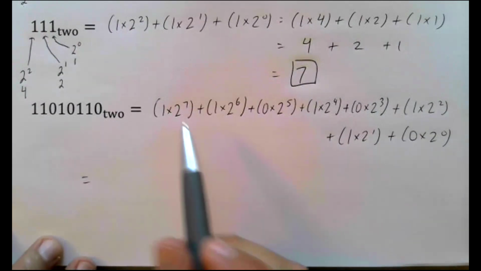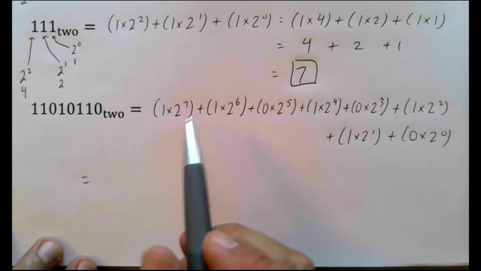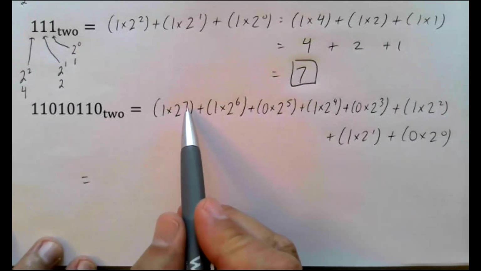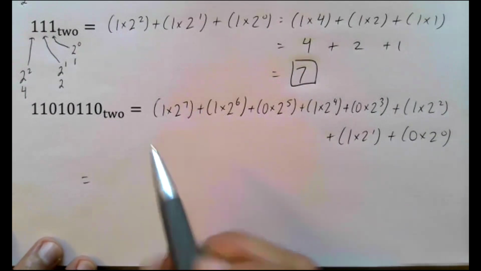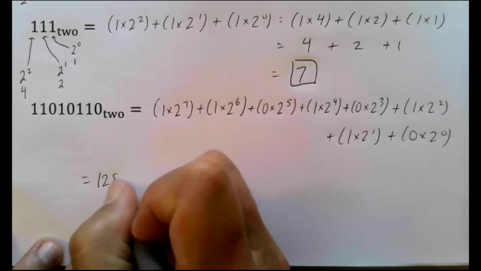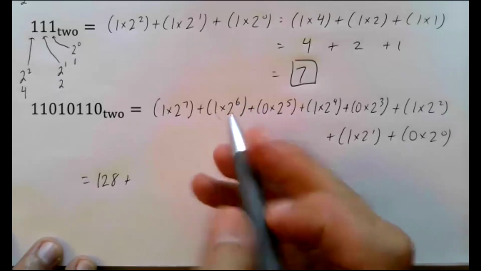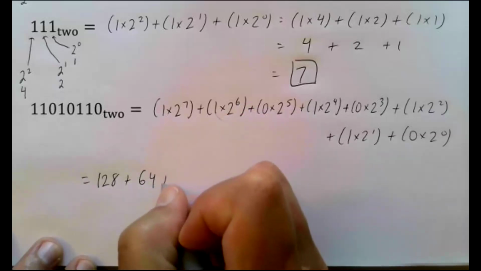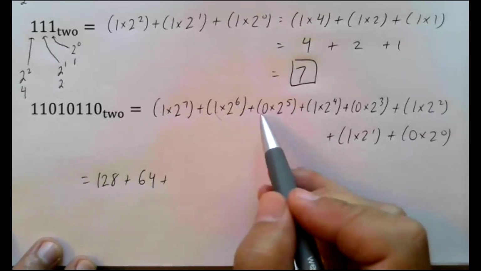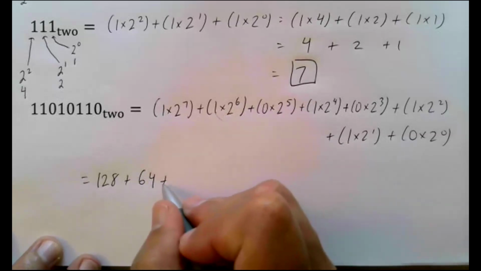I'm just going to go ahead and skip a little bit because 2 to the 7th is 128 times 1. 2 to the 6th is 64 times 1. This is 32 times 0.